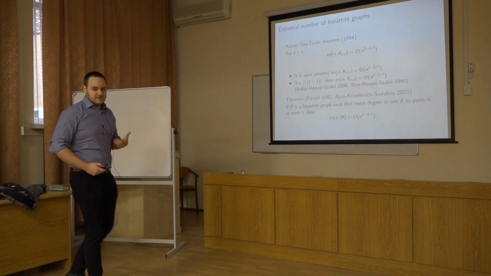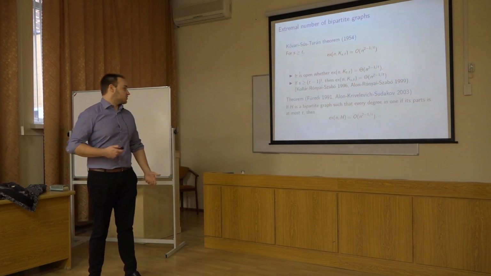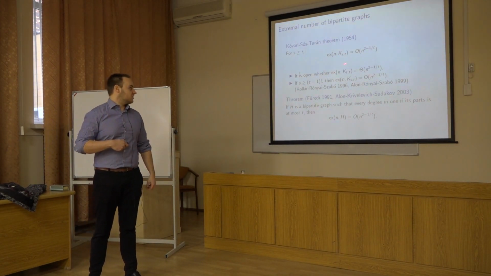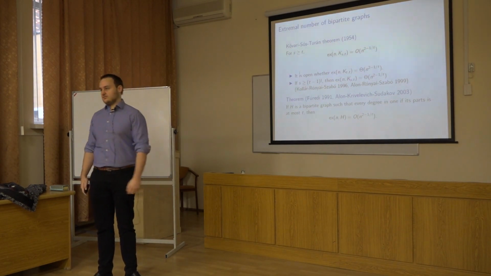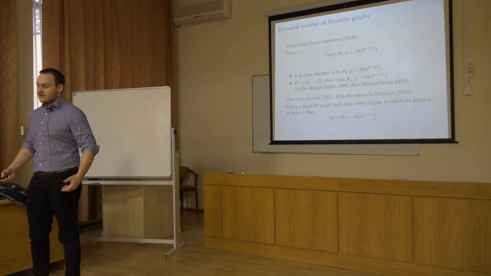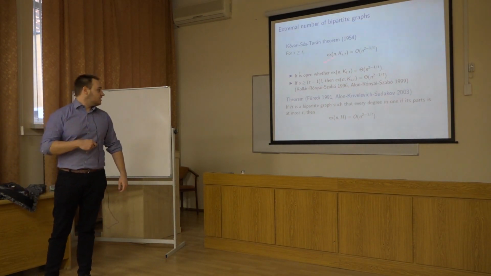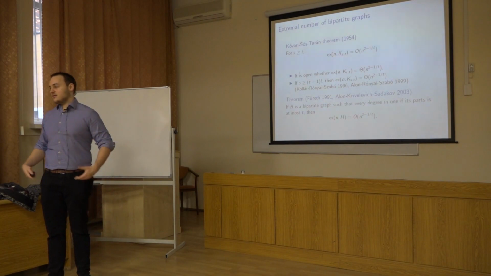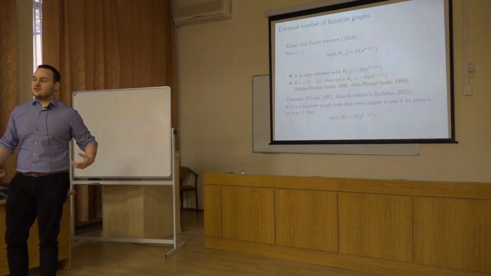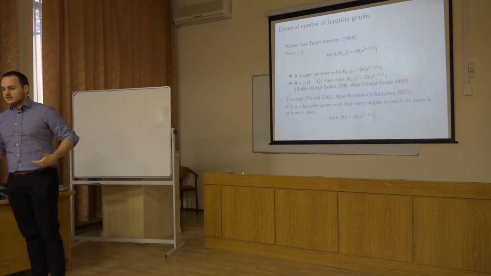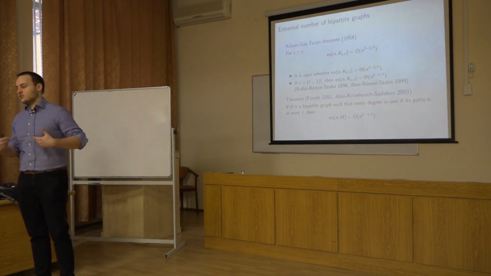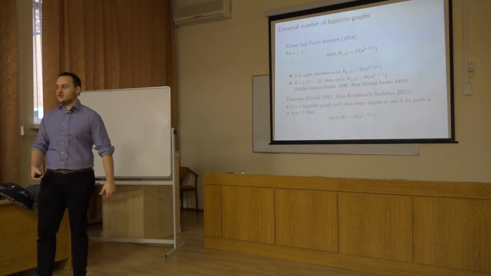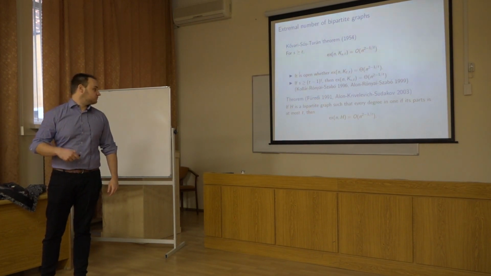You can note that this truly generalizes the previous theorem, because every such complete bipartite graph also satisfies this condition. And again, because we know that in this case the upper bound is sharp, this theorem is also sharp. In particular, this theorem cannot be improved without knowing more about the structure of the graph H.